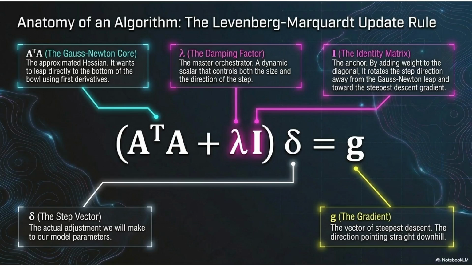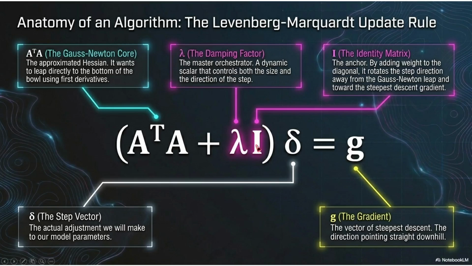We start with the Gauss-Newton core, A transpose A, which wants to leap directly to the bottom using the first derivative. We also have the gradient, pointing straight downhill, but the magic happens with the addition of this damping factor and the identity matrix.